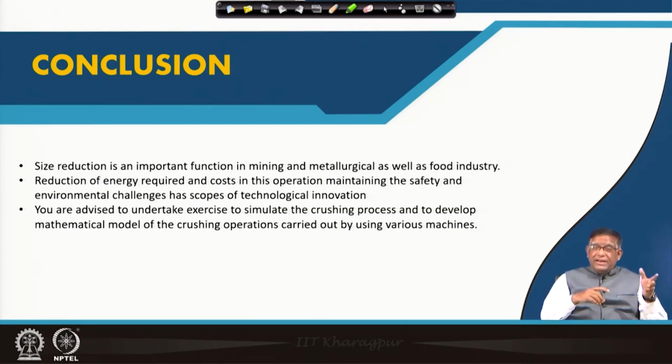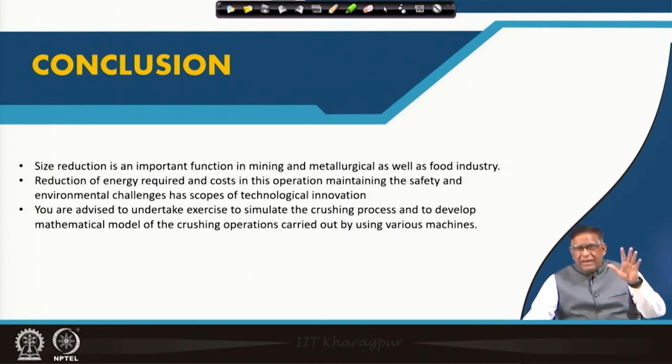If some of you are mechanical engineers, you may think of the tribological aspects of crusher operations, where friction and wear will take place and where you need to lubricate. A mechanical engineer may look into a crusher from a different point of view. As a processing engineer, you will be looking into a different field. As a mining engineer, you will be looking at how the cost benefit comes. So, depending on your interest, take up the topics.